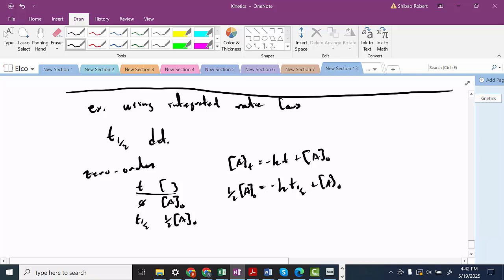I'm going to subtract 1/2 A0 and add kT1/2 to both sides. So kT1/2 is equal to 1/2 A0. And then T1 half is equal to A at time 0 over 2k.